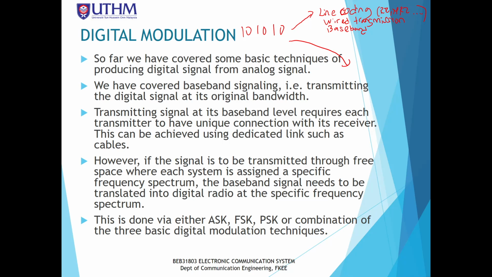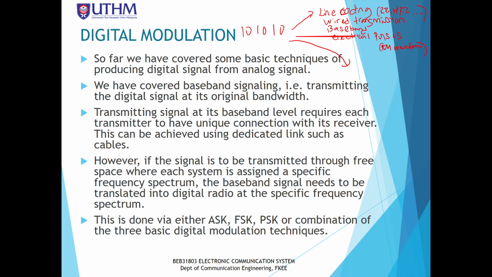And we have another option if we want to transmit wirelessly. Okay, so ini yang atas tadi dalam bentuk digital pulses, dalam bentuk electrical pulses, ataupun dipanggil sebagai PCM waveform.